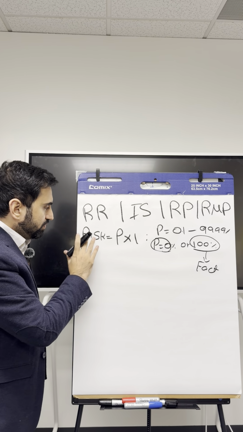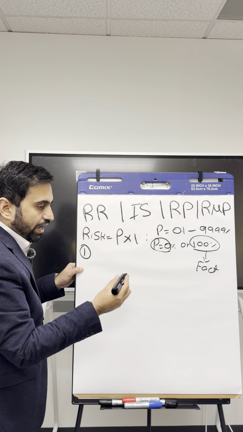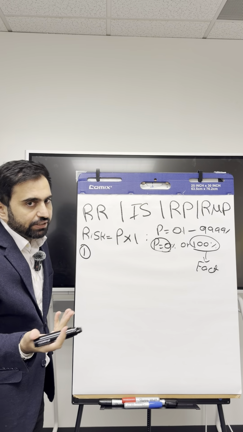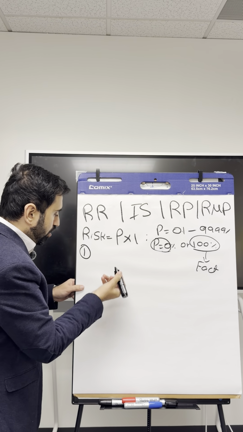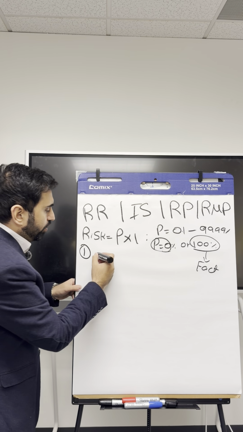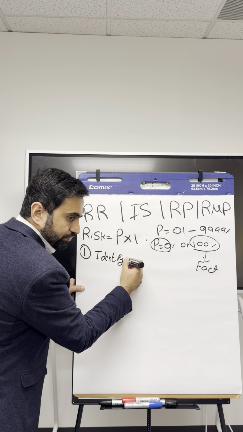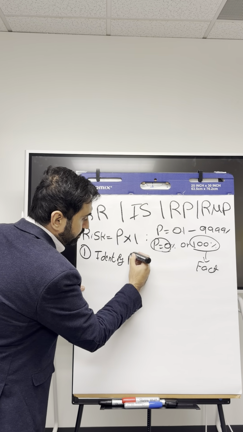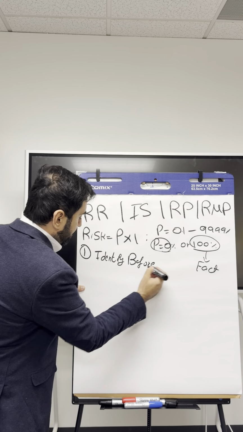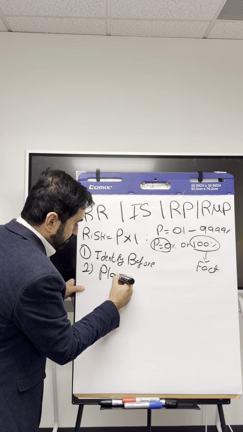Now, if something can happen and it has a positive or negative impact, it's a risk. In PMI terms, for something to be a risk, you need to identify it before it happens, and you need to have a plan for it.